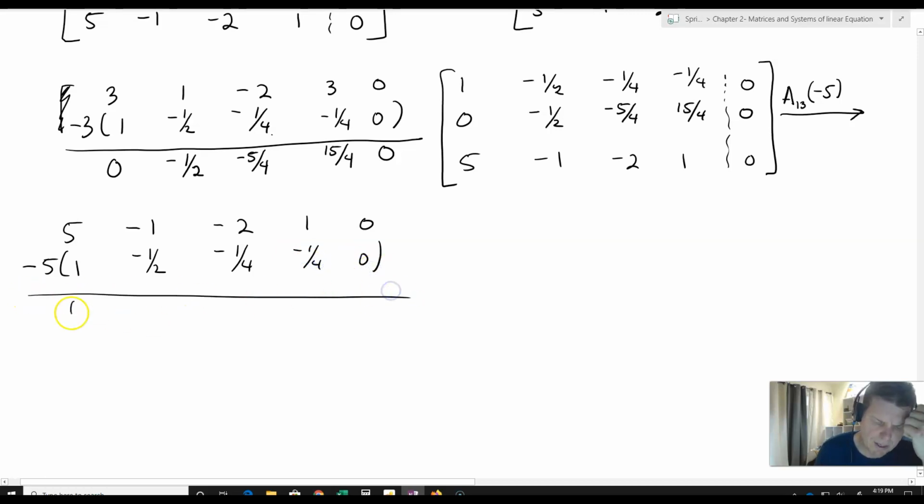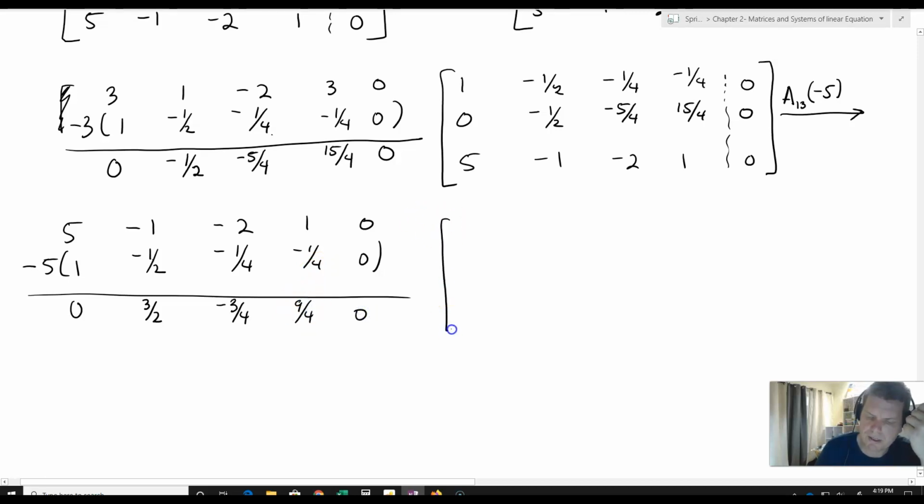So this is now 0, and that'll be negative 1 plus 5/2, which is positive 3/2. Negative 2 plus 5/4 will give me negative 3/4. And then 1 plus 5/4 will give me 9/4, and 0.